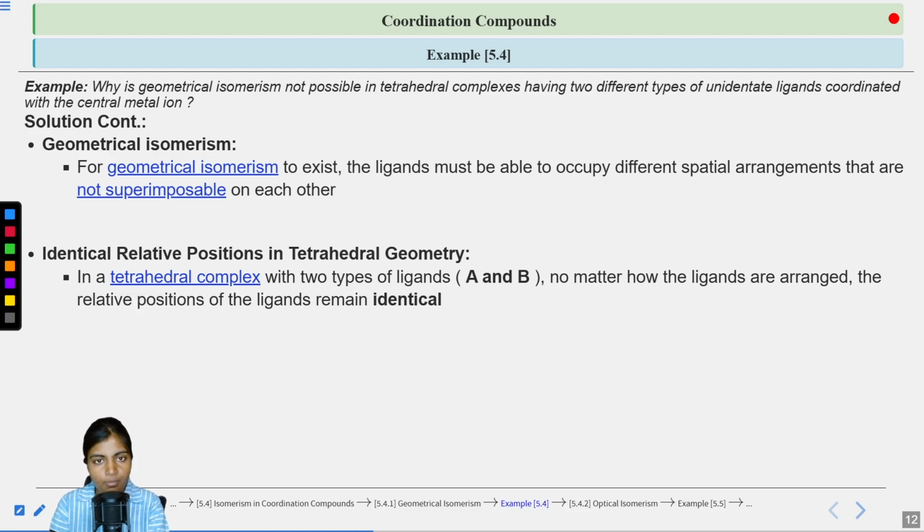If we talk about the 3D tetrahedral geometry, where at the corners of the tetrahedron you place the ligands around the central metal, then with two different unidentate ligands A and B, no matter how you place them around the central metal atom, the relative position of the ligands among each other is going to remain identical.